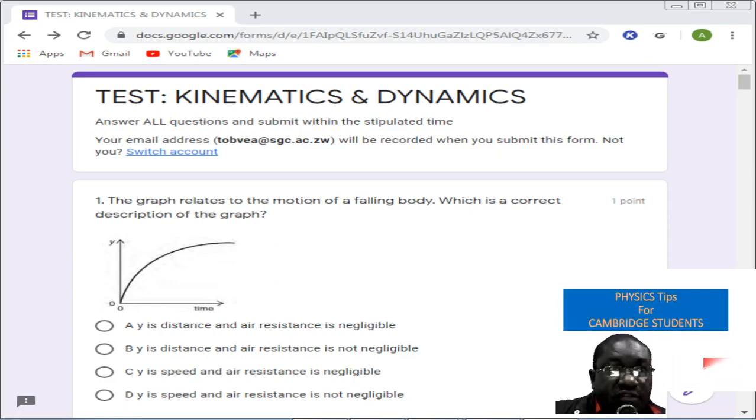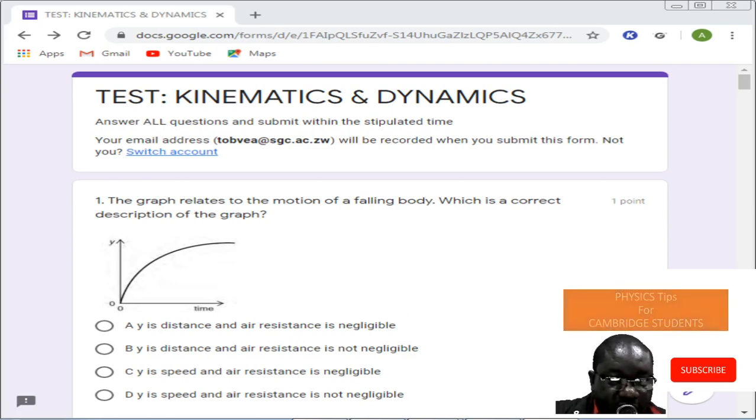So starting off with the first question, the graph relates to the motion of a falling body. Which is a correct description of the graph? Now looking at the y-axis there, it is y against time.